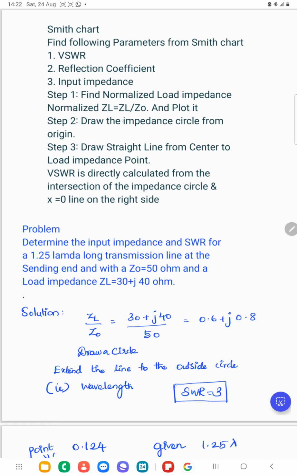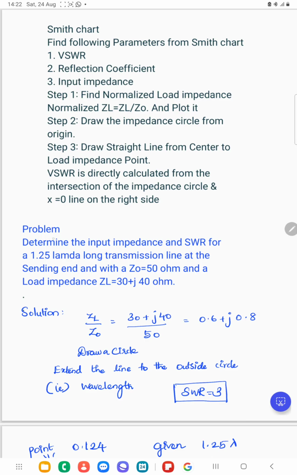Then we draw the impedance circle from the origin, otherwise called the VSWR circle. Then draw a straight line from the center to the load impedance point. I will show you how to mark it in the Smith chart. The VSWR is directly calculated from the intersection of the impedance circle and the x equal to 0 line on the right side.